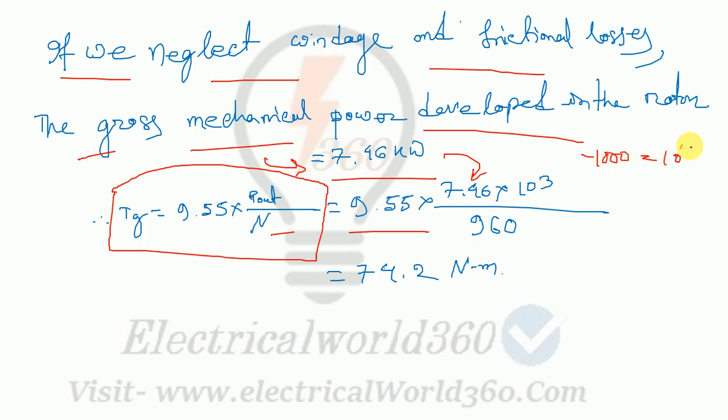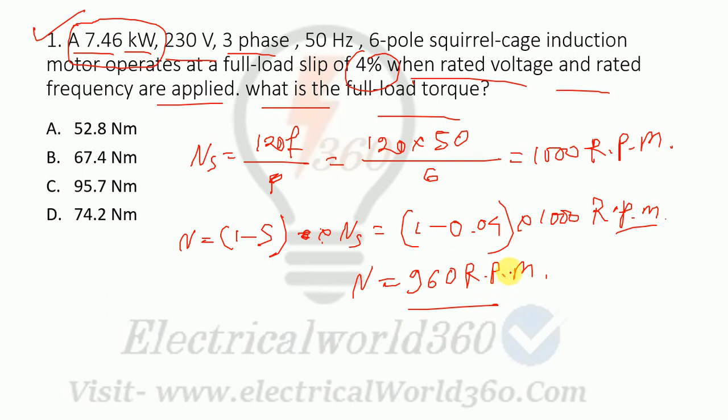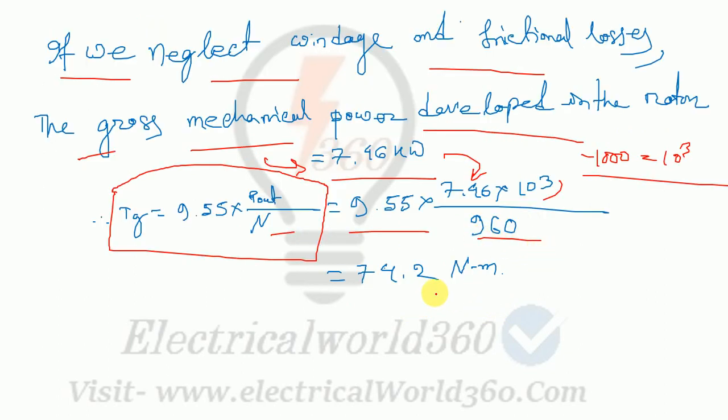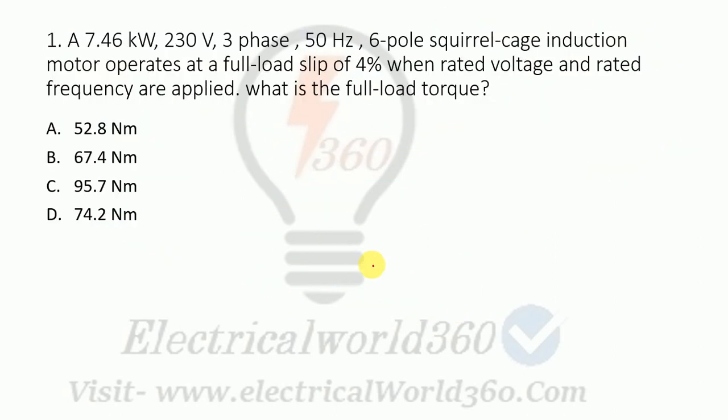Now it is in watt, and this is the rotating speed, 960. So the torque will be 74.2 Nm. Here you can see option D is the right answer.